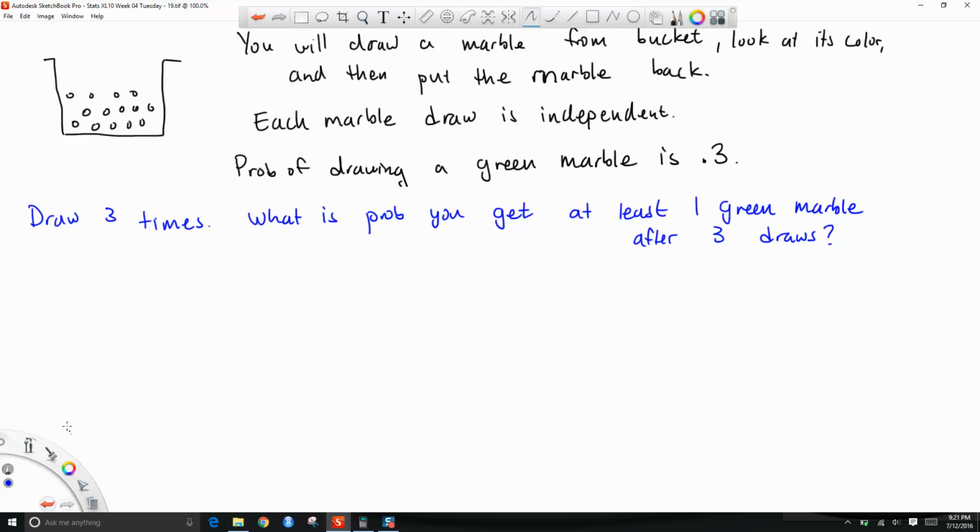If you think about it, there are only 2 possibilities after 3 draws. There are lots of different scenarios, but after 3 draws, we can either have 0 green marbles, and this is an exclusive or, we have at least 1 green.